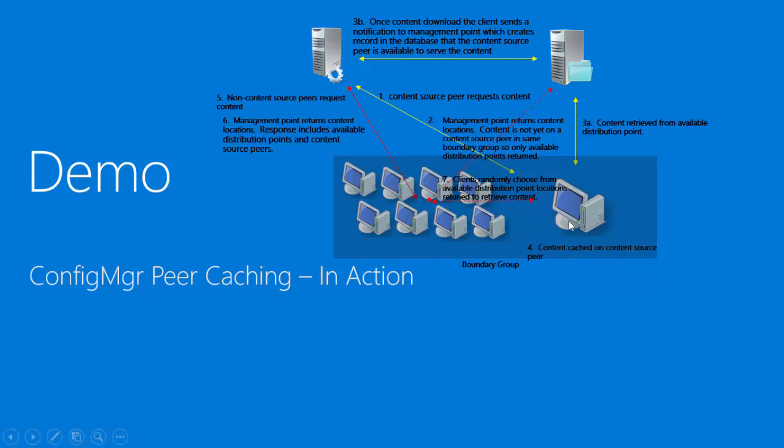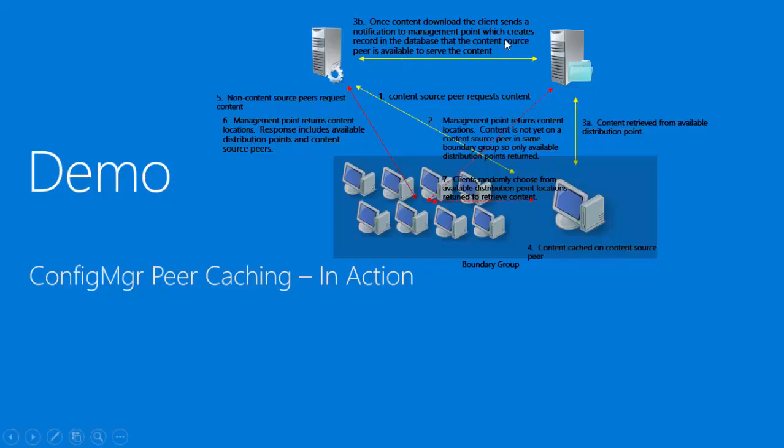Then the client retrieves the content from an available distribution point it picks from the list. Once the content is downloaded, since the ability to be a super peer or a content source peer is enabled, the client sends a notification to the management point, which forwards it to the primary site and creates a record in the database that the content source peer is now also able to serve the content.